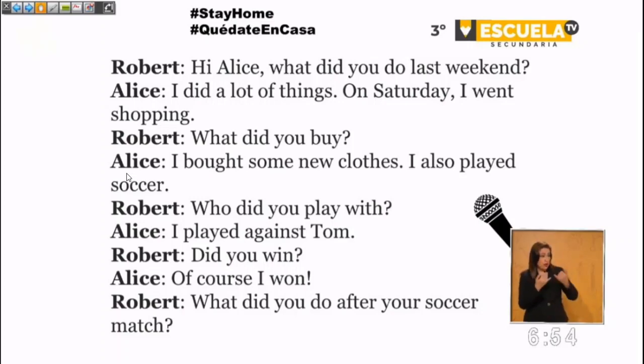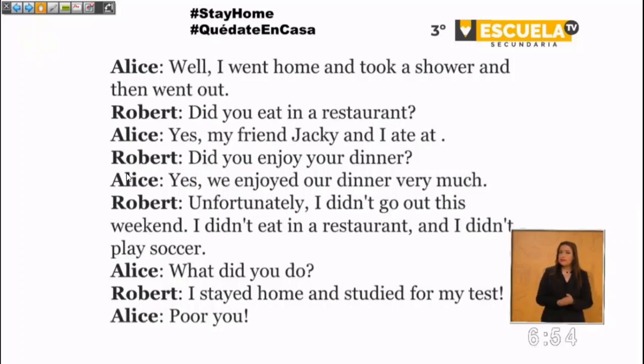Well, I went home and took a shower and then went out. Did you eat in a restaurant? Did you enjoy your dinner? Yes, we enjoyed our dinner very much. Unfortunately, I didn't go out this weekend. I didn't eat in a restaurant and I didn't play soccer. What did you do? I stayed at home and studied for my test. Poor you. Thank you and goodbye. And well, that was it. Thank you so much for listening.